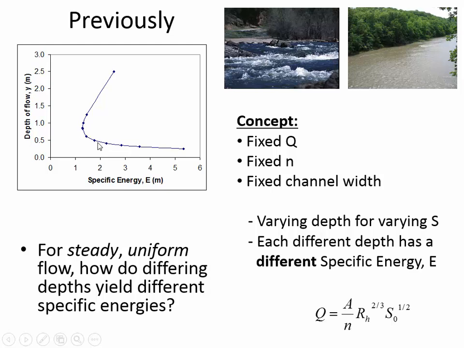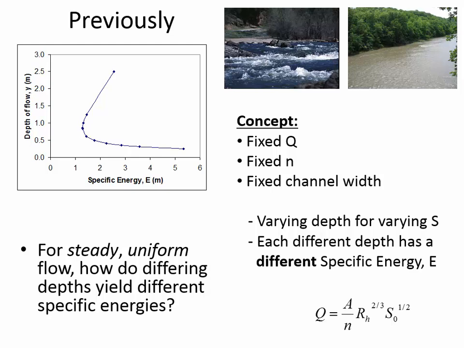This curve would be for a certain channel where we have a certain flow rate, a certain n value, meaning the roughness of the channel, and a fixed channel width. If any one of these things were different, then we'd have a different looking curve. If you had more flow or if the channel width changed, we'd need to adjust the specific energy diagram.